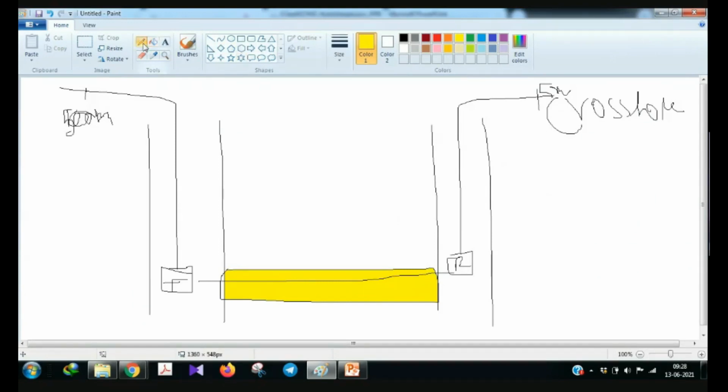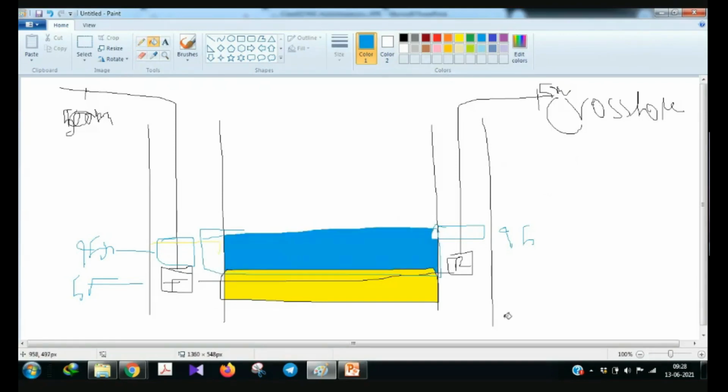Now what I will do is pull it up, and I will keep this one at 45 meters. For the second position, I'll keep the transmitter at 45 meters and also the receiver at 45 meters. Then this portion will be mapped.